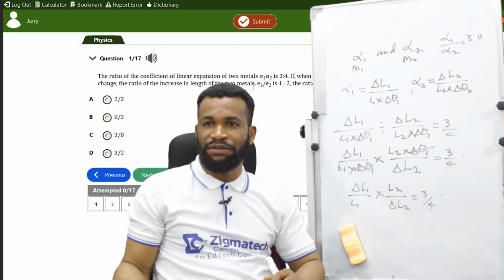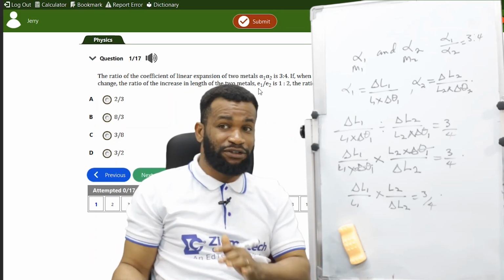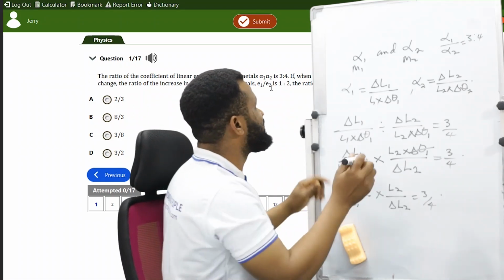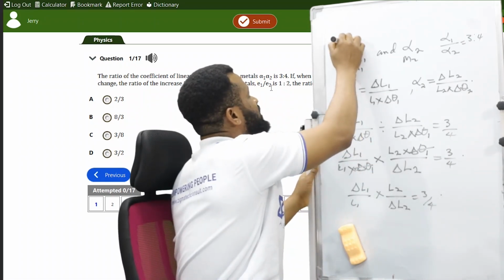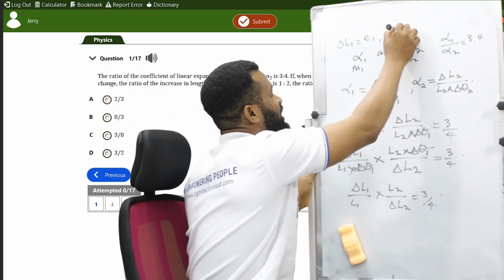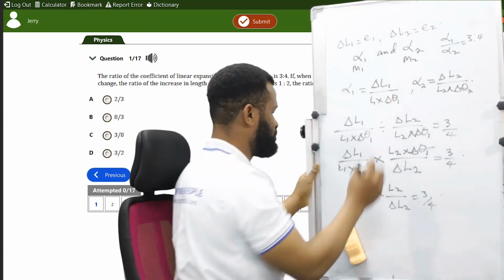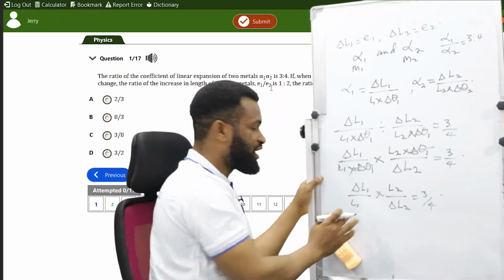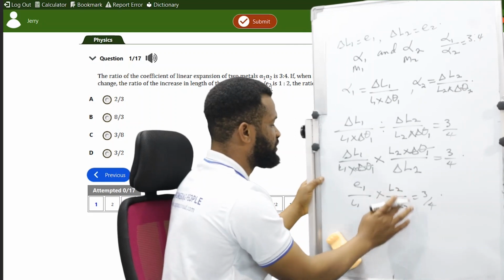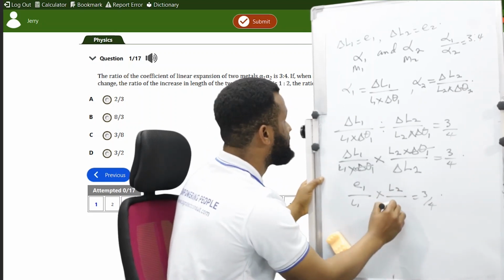Now, I think there is a little violation of parameters. What they gave me is E1 as the increment in length of the first one and the increment in length of the second one. So what I'm going to do now is, I will say change in L1 is going to be E1 and change in L2 is going to be E2. So I will just change them now. In this case, I'm going to call this one E1 and I will call this one E2.